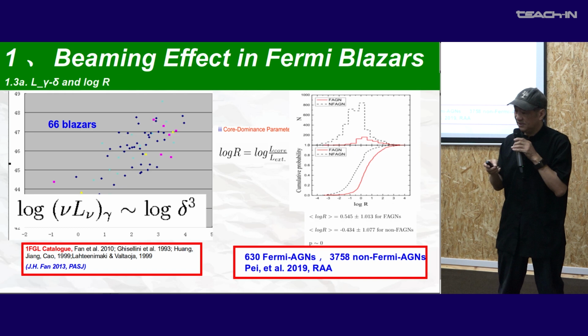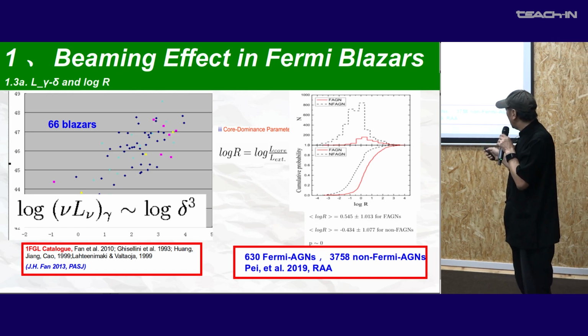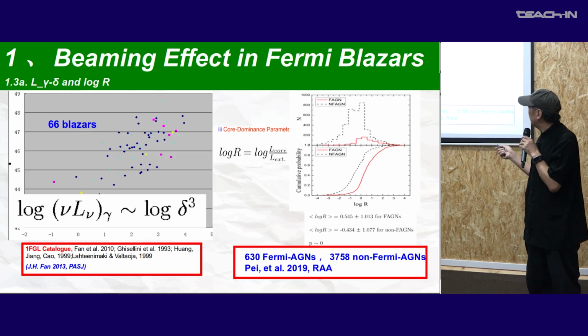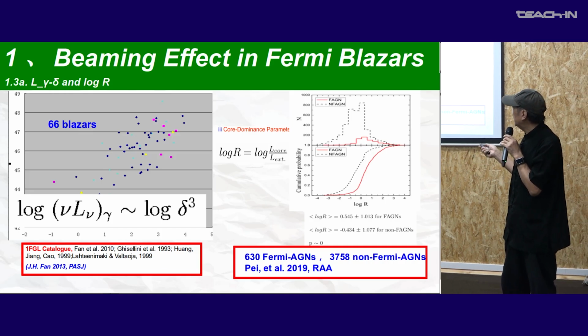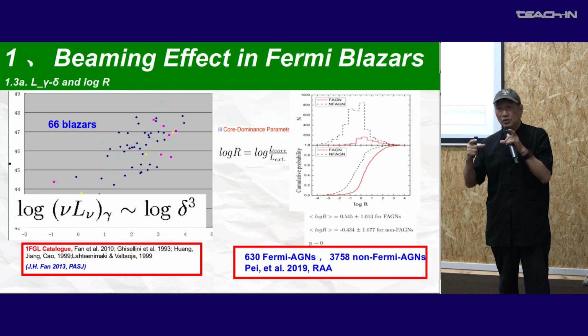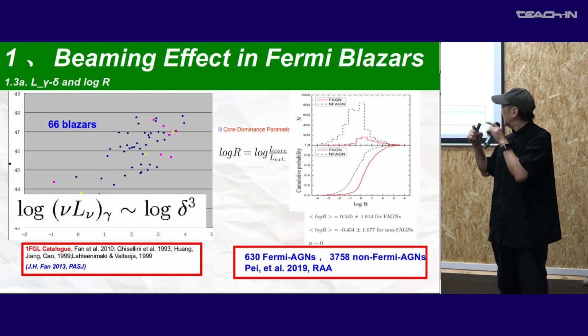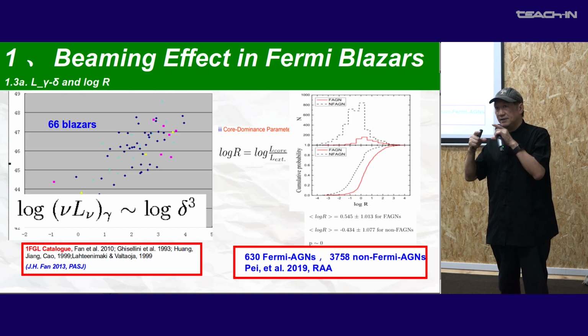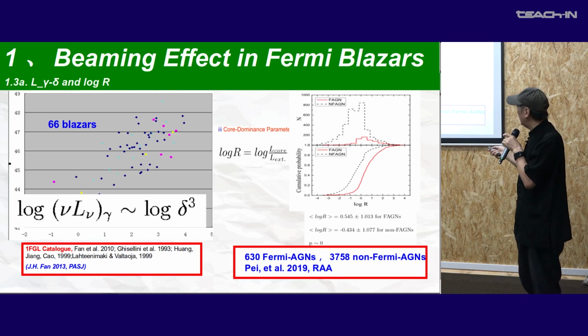We can get a parameter called the core dominance parameter. It is calculated as the emission from the core to the emission from the extended part. This is the core dominance parameter.